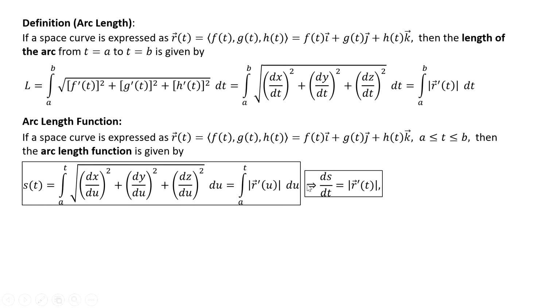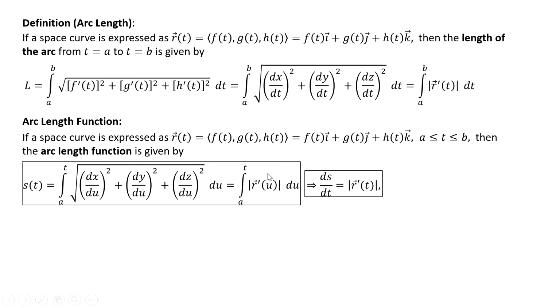Are you with me? Let me repeat that. Had the upper limit of integration been h of t, then according to the fundamental theorem of calculus, the derivative would be r prime of h of t times h prime of t, minus r prime of the lower limit a times the derivative of a itself. But a is a constant, so its derivative is 0.